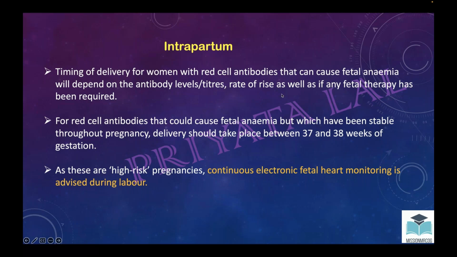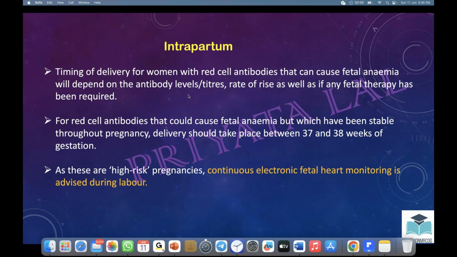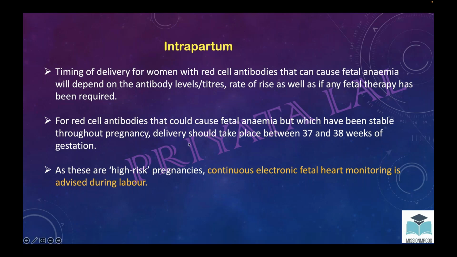Apart from this, if anti-red cell antibodies are there, that can cause fetal anemia, but if the pregnancy is stable, then usually they want the patient to get delivered between 37 and 38 weeks of pregnancy, and there should be continuous fetal monitoring during labor, because we already know that the baby is at risk of anemia. So too much intrapartum management is not given in the guideline, only this much.